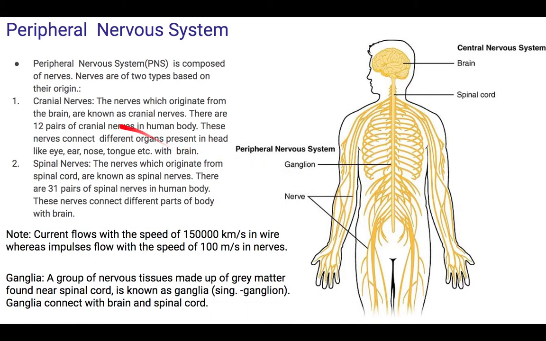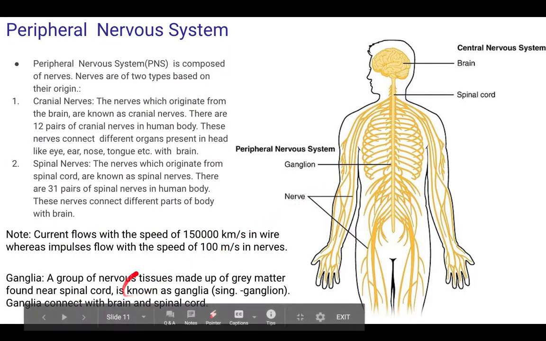Okay, this was about peripheral nervous system. Peripheral nervous system is composed of nerves, and there are two types of nerves according to origin: cranial nerves and spinal nerves. Similarly, if we see the spinal cord, on the side of spinal cord you can see masses of nervous tissue, and those masses of nervous tissue are called ganglia.